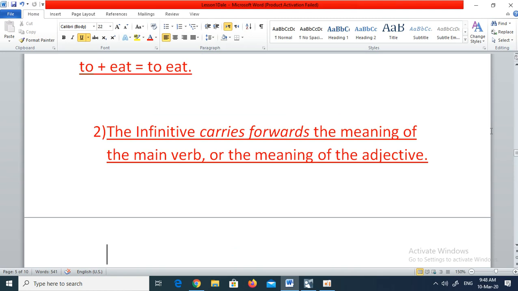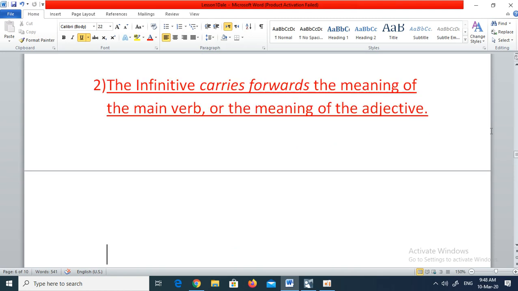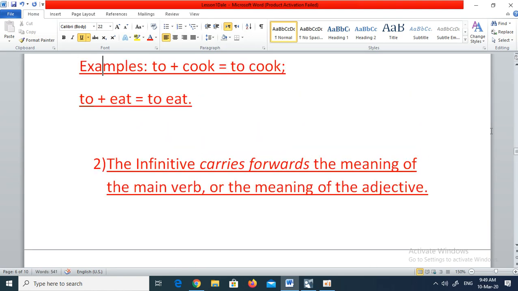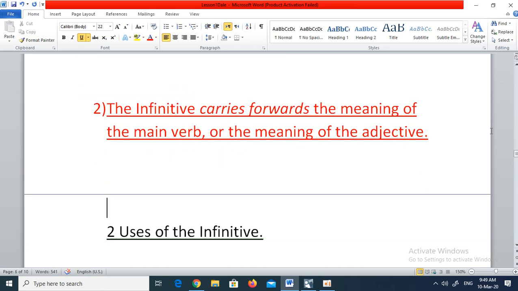We use the infinitive to carry forwards the meaning of the main verb or the meaning of the adjective. What do I mean by this? Very simply, if we have a main verb and we say something like, I want. Want is the main verb.